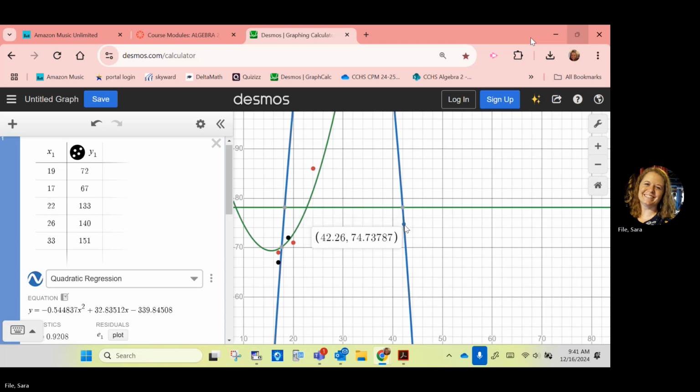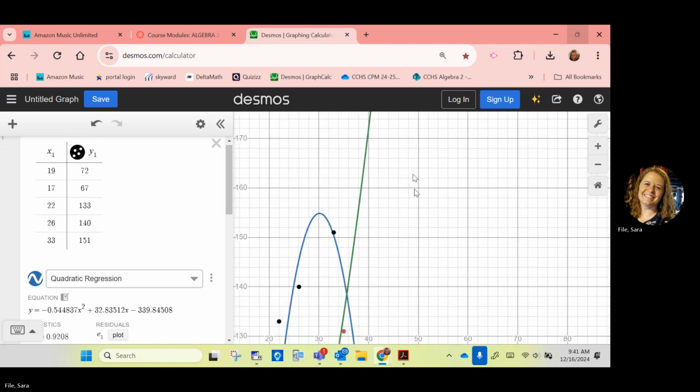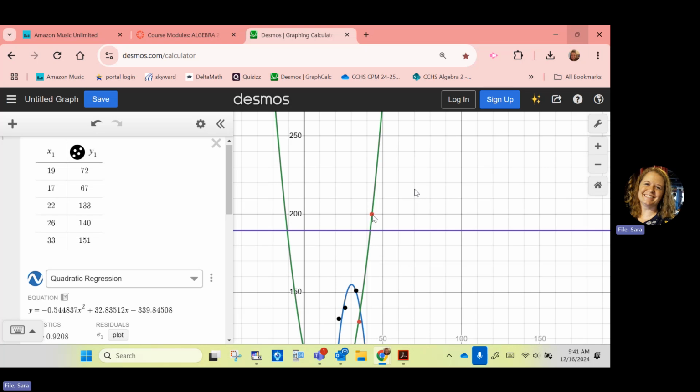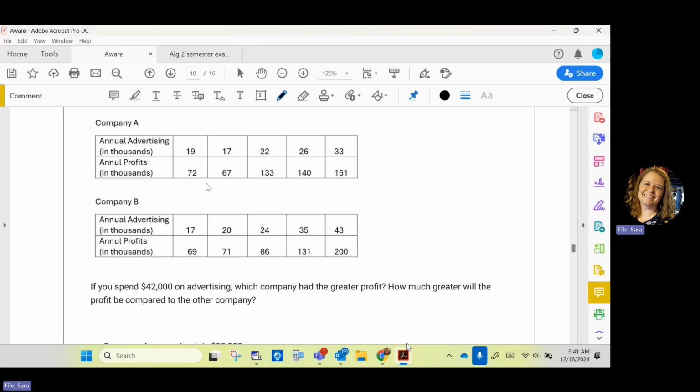That green one, the 42 is way up there. Oh, that's 43. There's 42. Okay, I'm thinking it must be a typo in the actual review because it's not matching up.